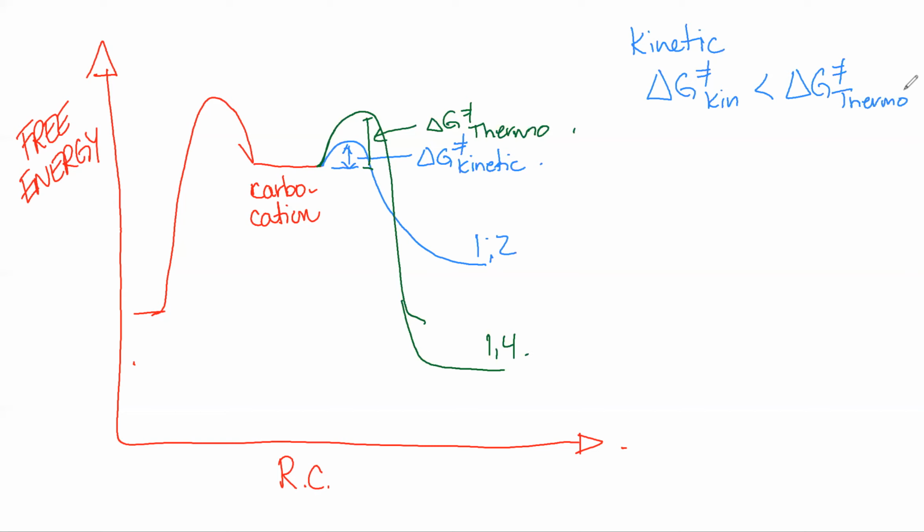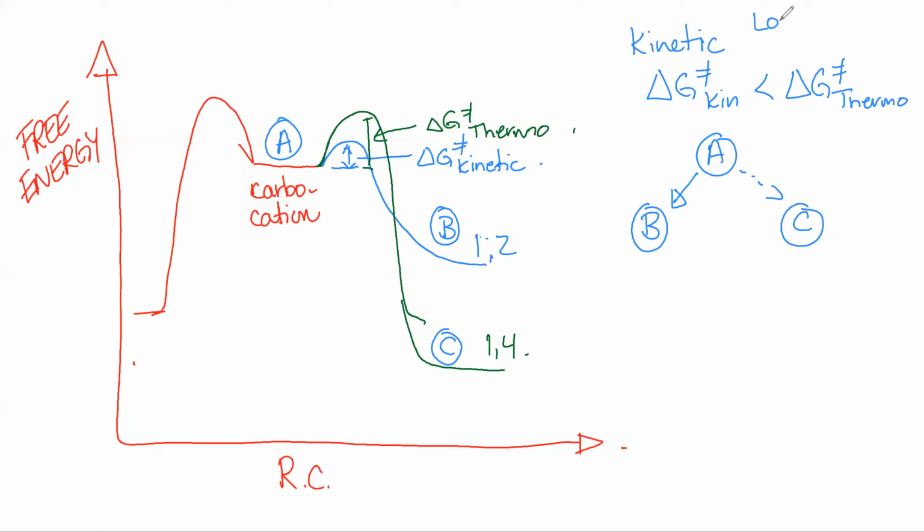So you've only got enough energy to go over that blue energy barrier, and it is irreversible. So if I label this A, and this is B, and this is C, you're in a situation where A forms B, and really not much goes to C. So this is low temperature, right? Low temperature.